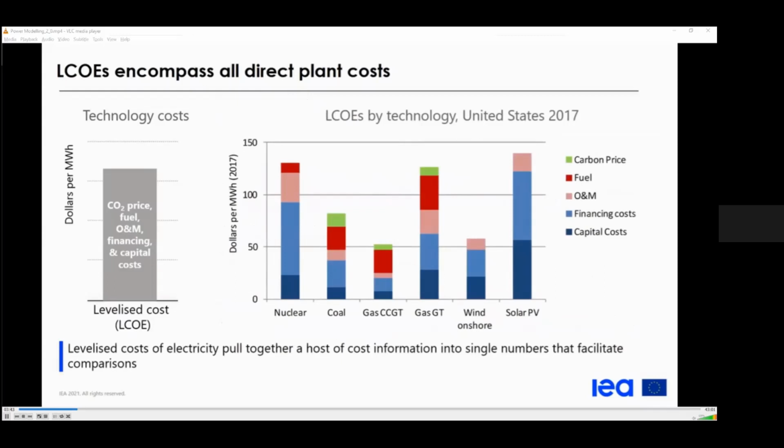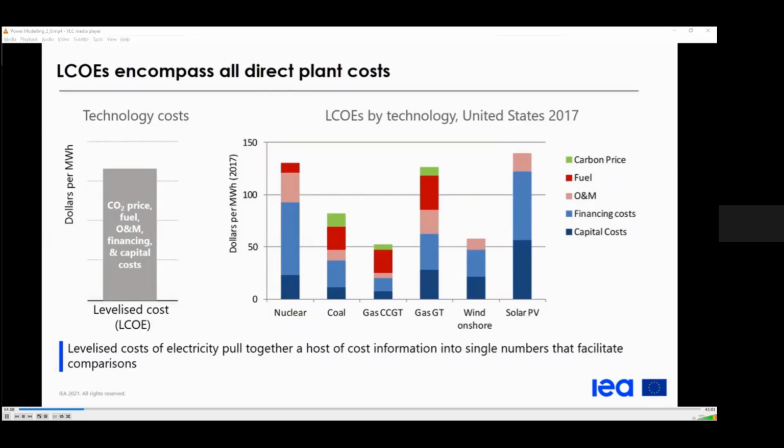One quick example to illustrate that point is to look at LCOEs by technology in the United States for 2017. Typically, low carbon technologies such as nuclear, wind, and solar PV have a high fixed cost and very low variable cost.